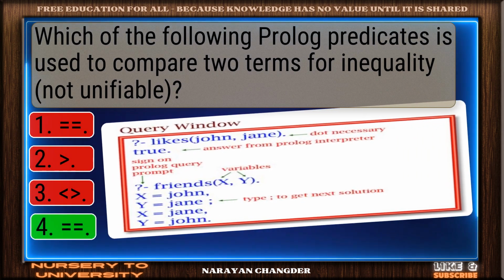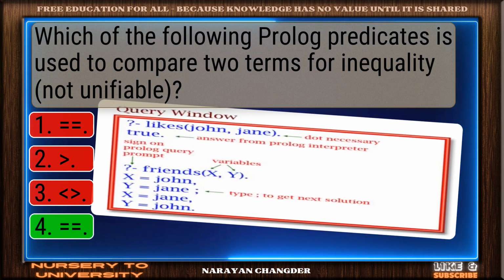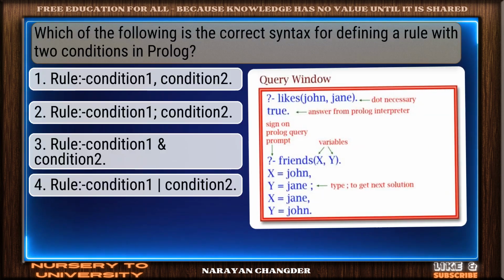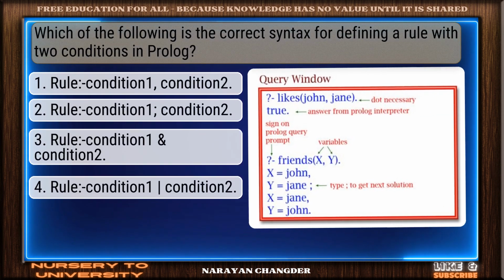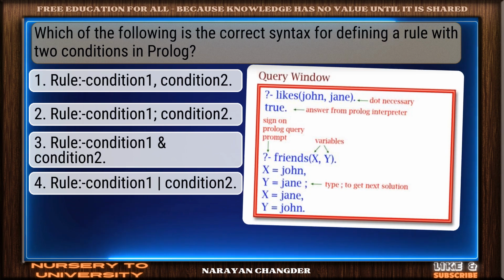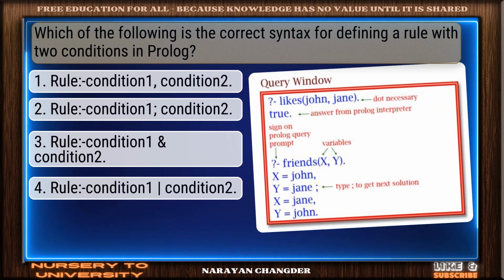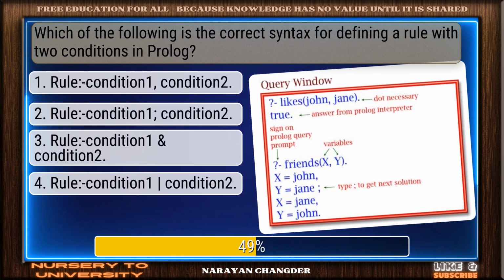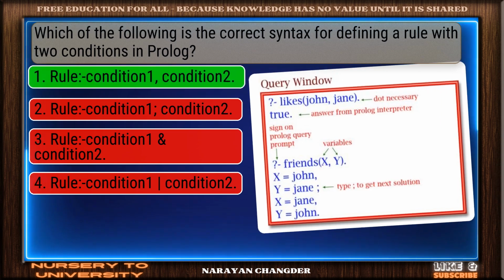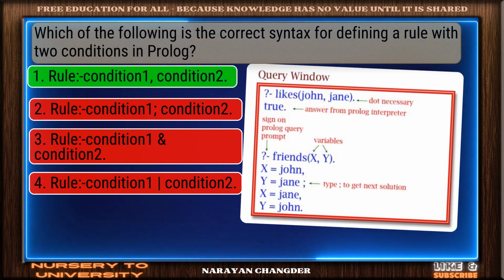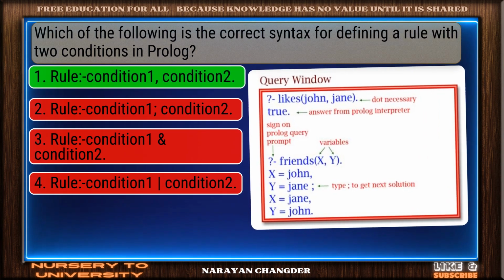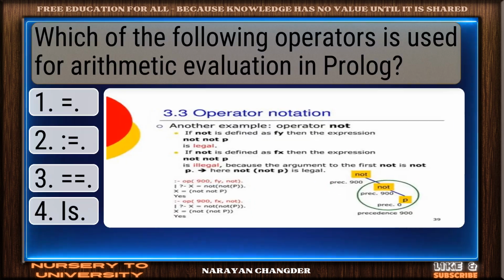Clear logic. Your choice is sound and 100% true. Question number 7. Which of the following is the correct syntax for defining a rule with two conditions in Prolog? Nicely done. Rule, condition 1, condition 2 is a solid answer.